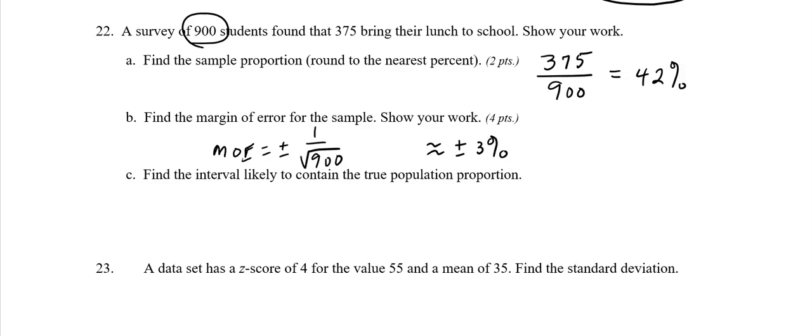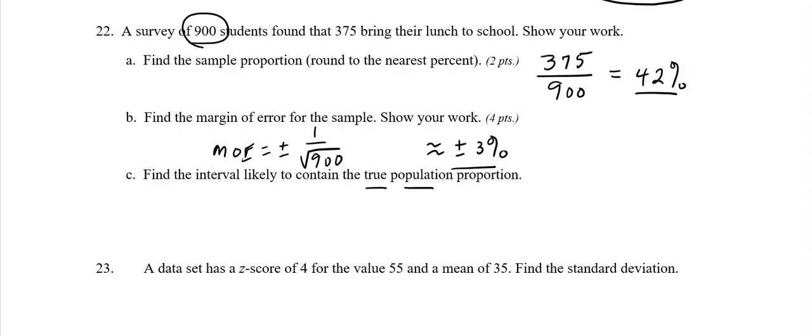And then we're going to build an interval where we feel confident about the true population proportion. We can't say definitively that 42% of everybody brings their lunch to school, so margin of error needs to be built in. Using this margin of error and our original sample proportion, we build what some people call a confidence interval.